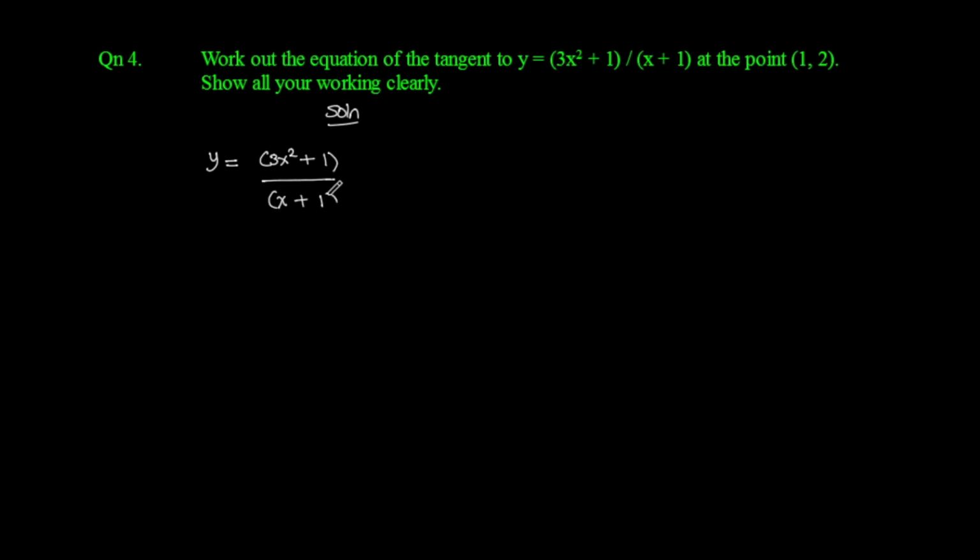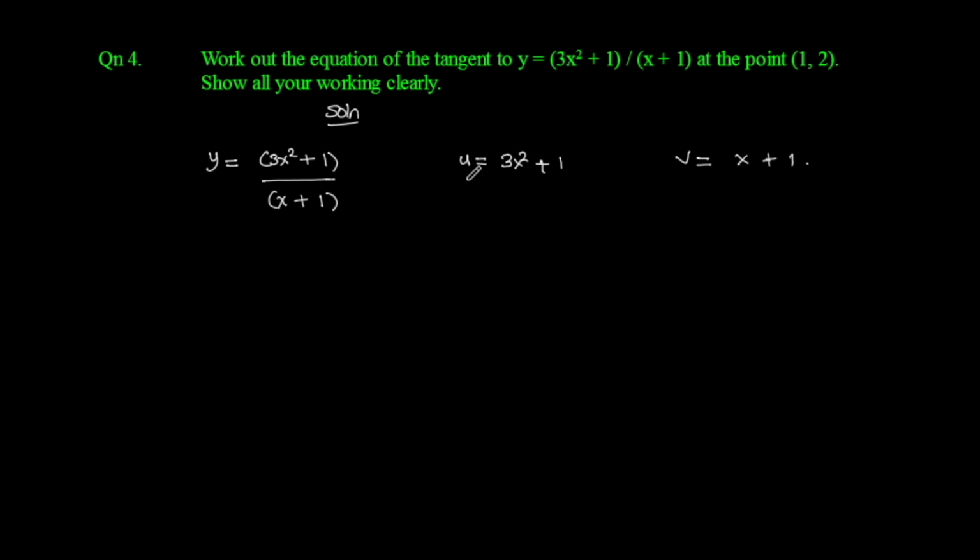And then we let u as usual be the numerator, and this time our numerator is 3x squared plus 1. And then we also let v be our denominator, and our denominator is x plus 1.